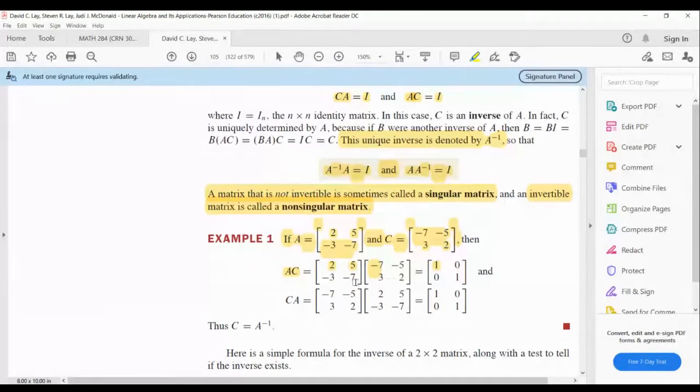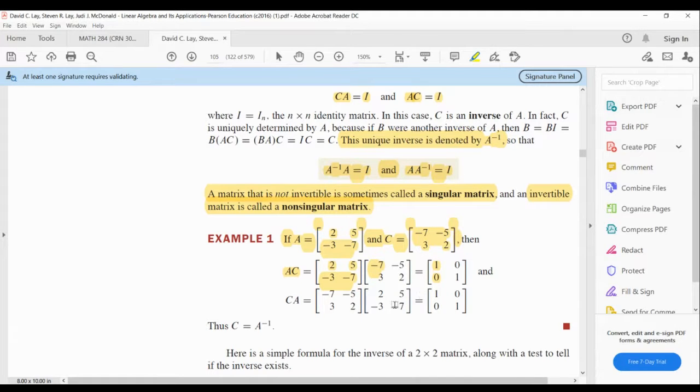On the other hand, this 0 is in the second row and first column of the product matrix A times C. If you take the second row of A, -3, -7, and multiply it by the first column of C, you will get -3 times -7 plus -7 times 3 and get 0. When you do all the operations, you get the identity matrix.